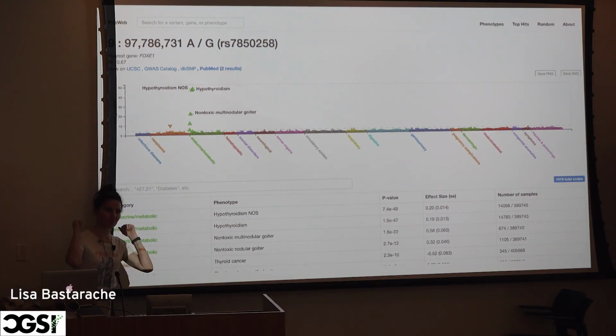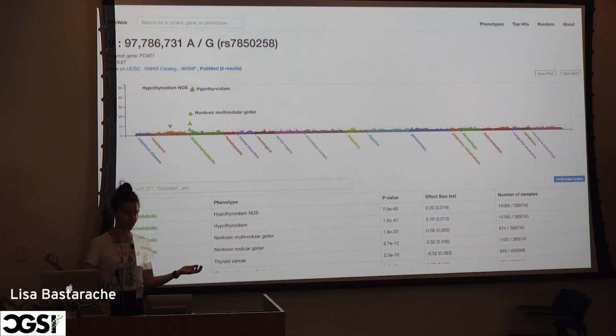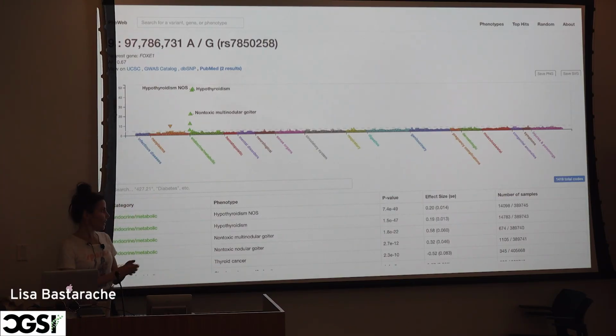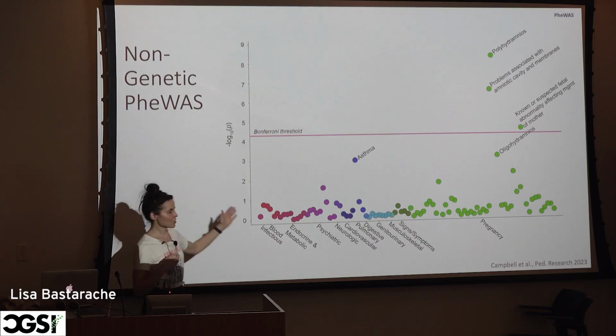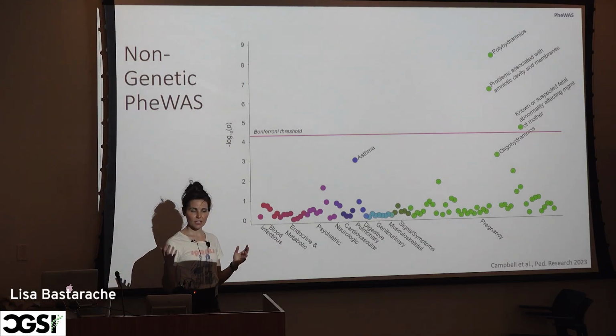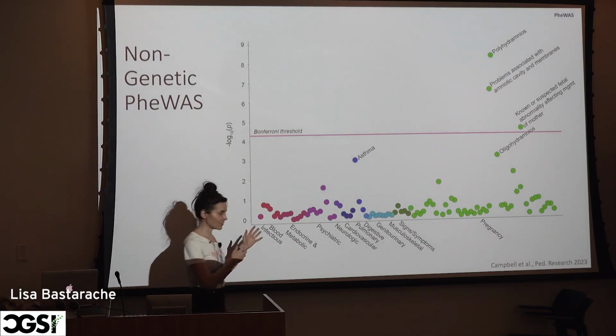Basically they imputed all these variants in the UK Biobank cohort, and then they encoded all the UK Biobank phenotypes into Phecodes version 1.2, and they did an all by all. This is just a wonderful interface that you're able to look up by gene, by variant, or by phenotype and get either Manhattan plots or PheWAS plots. Highly recommend that. People also do associations with non-genetic exposures with Phecodes as well, and PheWAS.